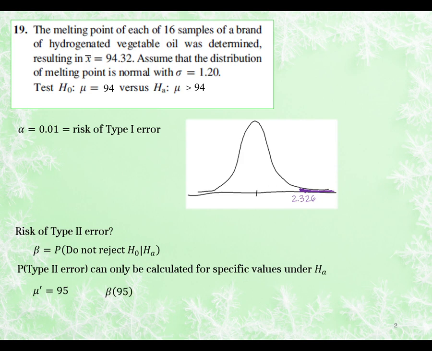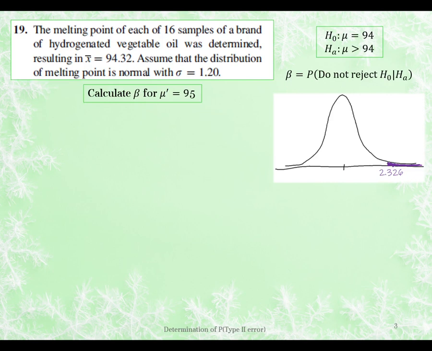The notation we will then use is beta of 95, so that will tell us this is the probability of committing a type 2 error if we assume that the population mean is now 95. So that is a value assumed under the alternative. We'll look at that in this specific question.